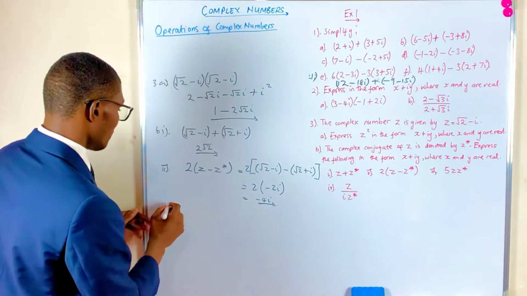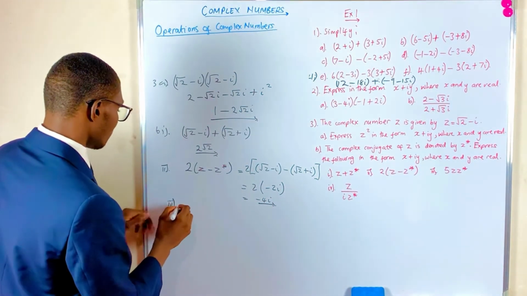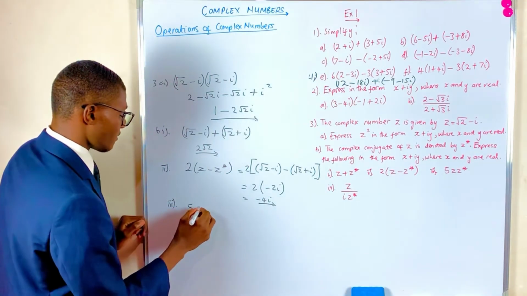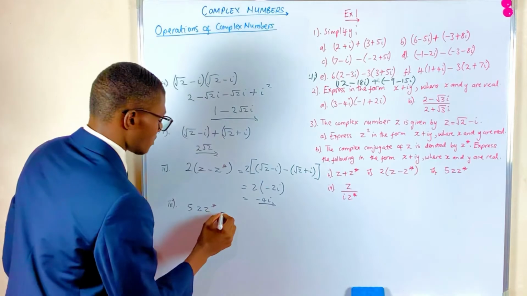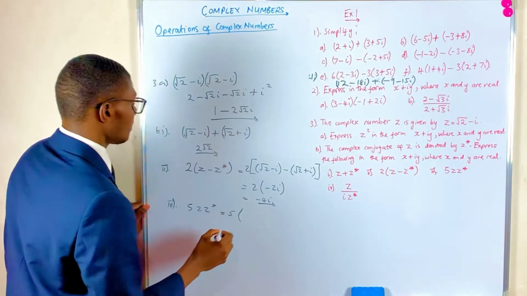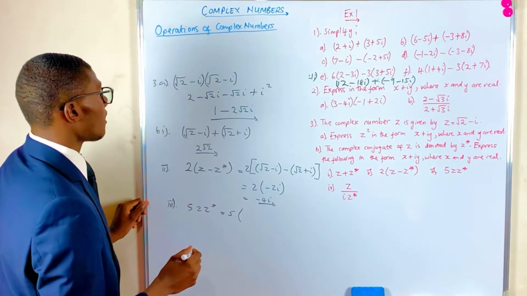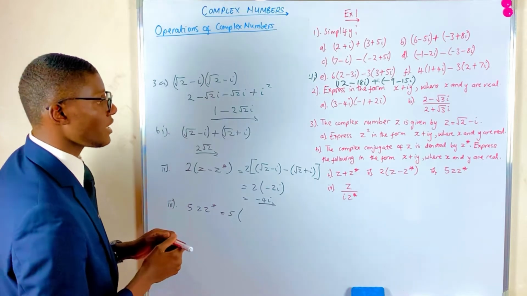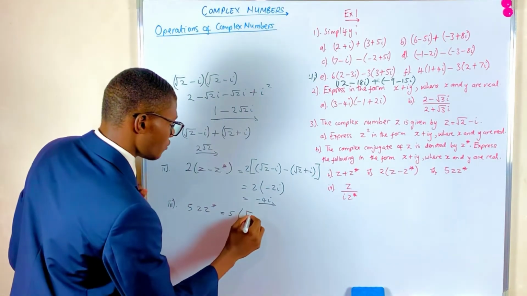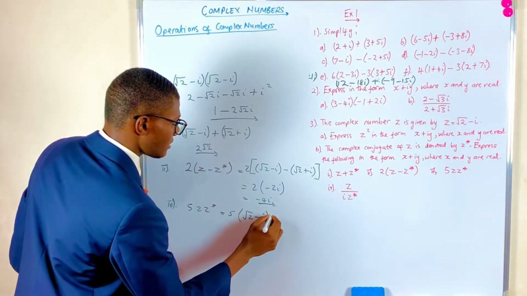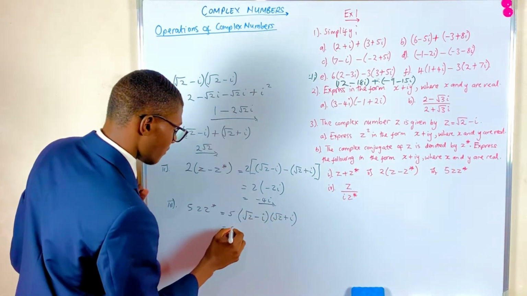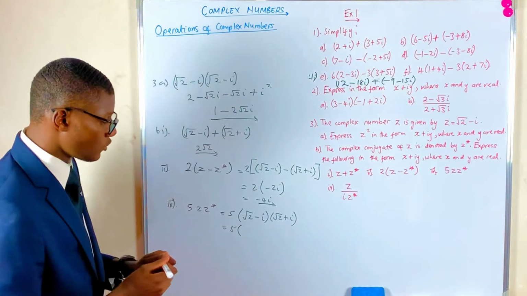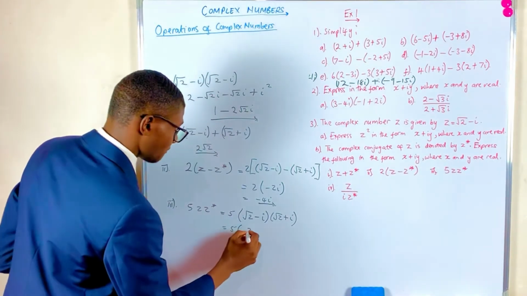And for part 3, we need to simplify 5 times z times its complex conjugate. So we're saying 5 times its complex conjugate. We're saying root 2 minus i times root 2 plus i. This will be 5 multiplied by root 2 times root 2, we get a 2.